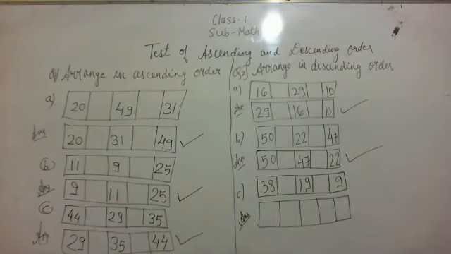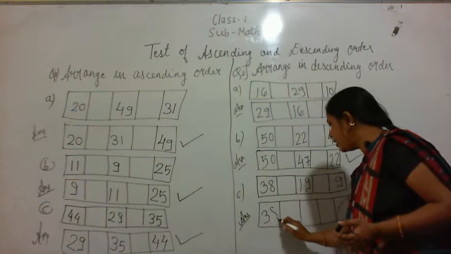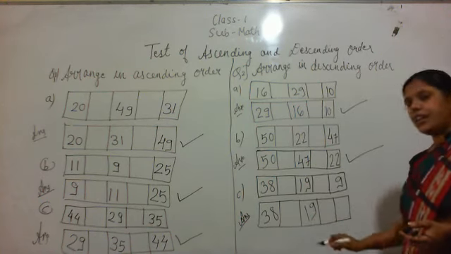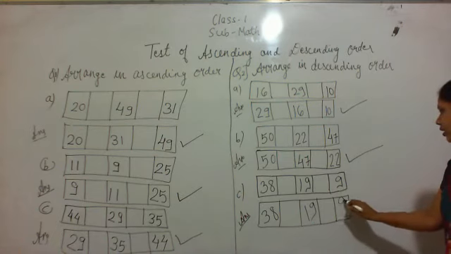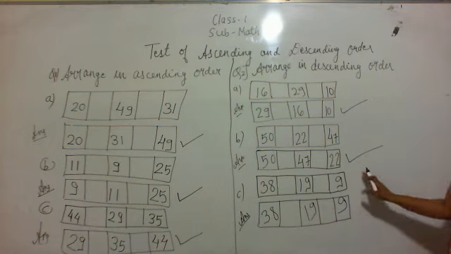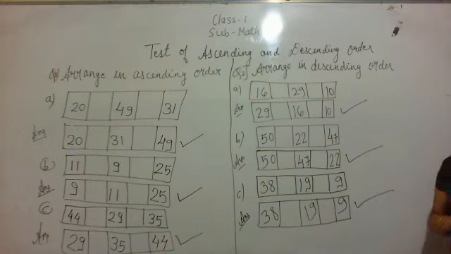Now the last. Greatest number is 38. The next number will be 19. And the last number will be 9. So this is same as the question. The question itself is arranged in descending order. If your answer is right, put a small right.